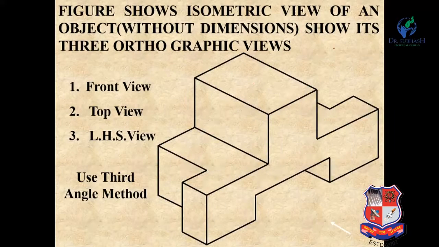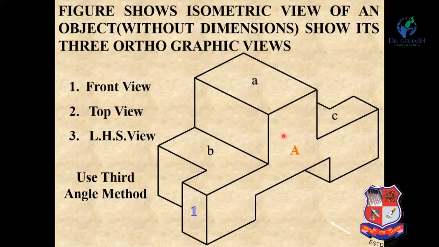Now you can see this is our object. This arrow shows the direction of the observer for the front view. Portion A you can see in the front view, portions a, b, c in the top view, and portion 1 in the side view.